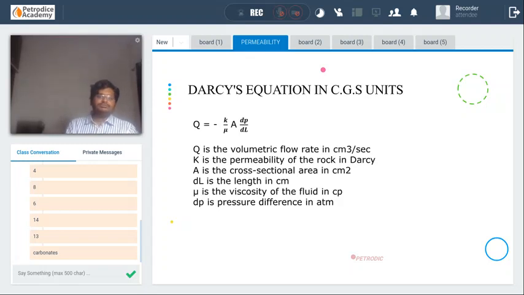So write down the definition of Darcy's equation in CGS units. K is in Darcy. Okay, I think we have already remembered it. So just write down the Darcy equation in CGS units.